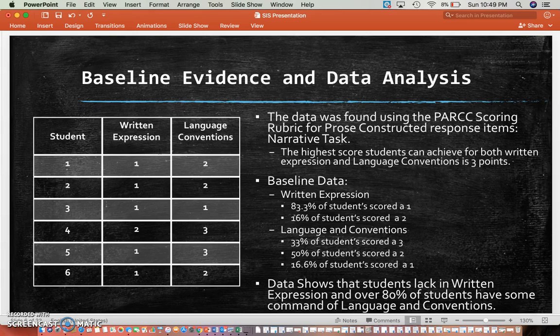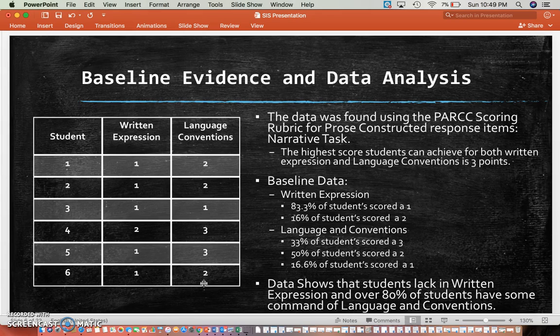As you can see, I have my 6 students, written expression, and language conventions. Specifically, if you're focusing on written expression, you'll see that 83.3% of students scored a 1. 16% of students scored a 2. And that was specifically within written expression.